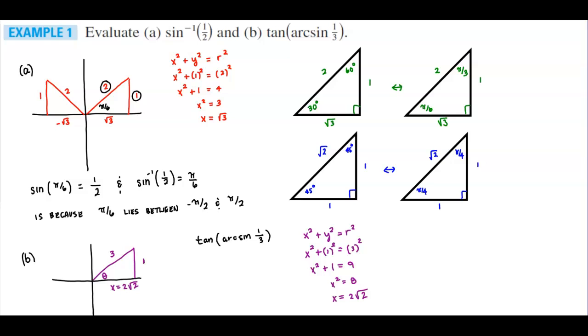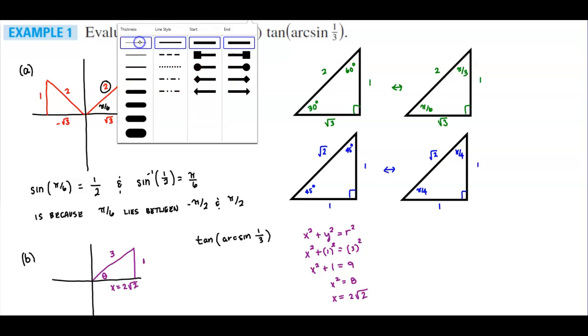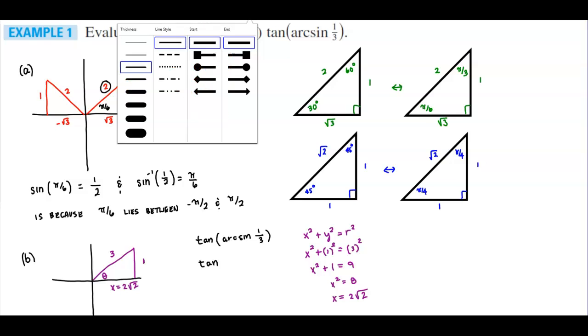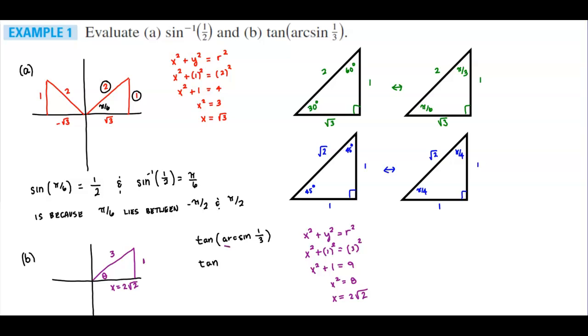Okay, so what does that tell us here? Well, now if we continue to evaluate the tangent, we want to find the tangent of the arc sine of 1/3. Well, what is the arc sine of 1/3? Well, let's find that first. So remember, we want to find the angle here, the arc sine of 1/3.